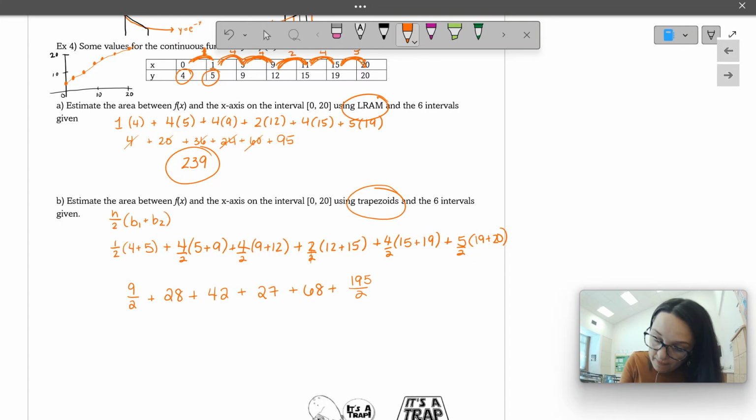Yeah, 195. All right. 68 and 42 is 110. 137. 145. 165. 195 halves plus 9 halves is 204 halves, which is really 102, and 165 plus 102 is 267.